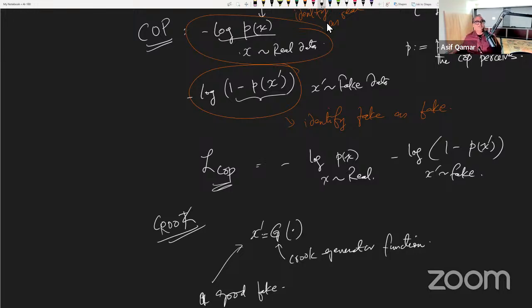It's a simple classification problem. You tell it, oops, that was fake. Oops, oh no, that was real. So the cop learns from both real and fake, because in the backpropagation we learn from that. But the interesting thing is the crook has never ever seen a dollar bill. Isn't it amazing? Now, do you think the crook can ever catch up?